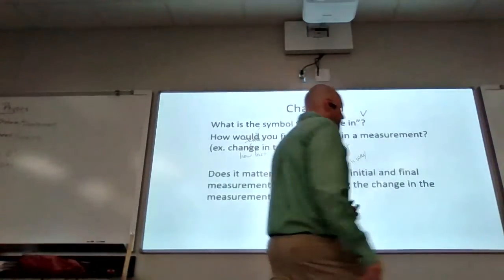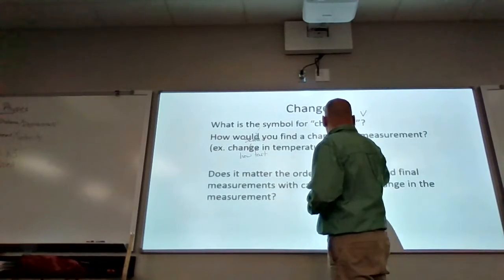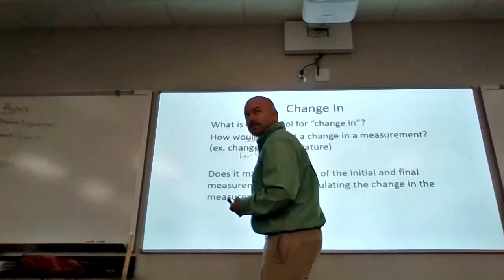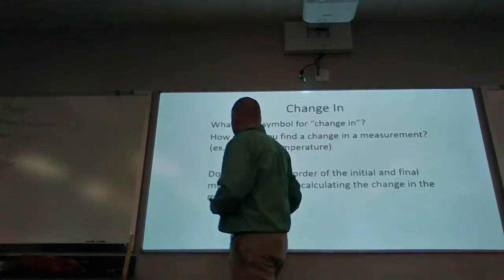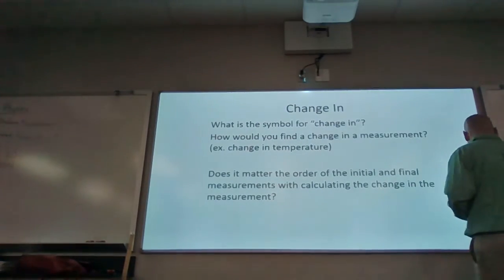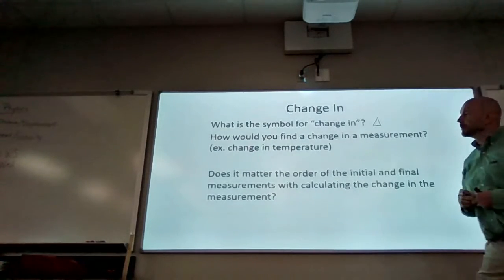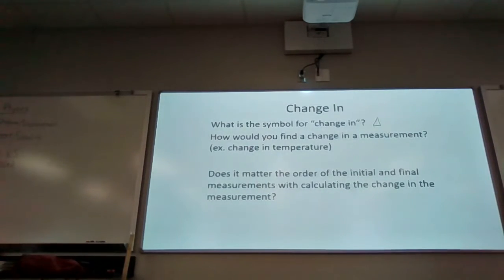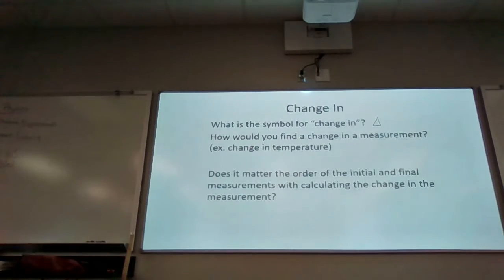All right. Chemistry review. What is the variable or symbol for change in? Finley. Yep, a triangle, delta. Remember that? Delta, change in. Okay? How do you find the change in anything? Mathematically, what do you do? I know you know this. Yep, subtraction.